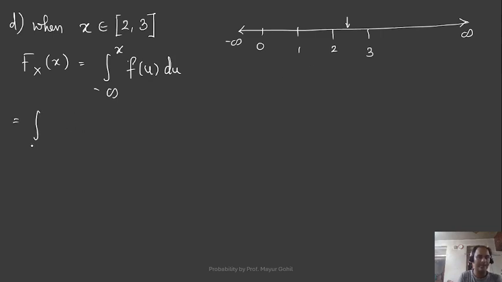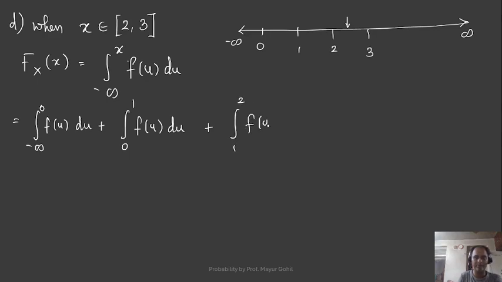So we add up all the intervals that come in between. So it is minus infinity to 0 of f of u du, then 0 to 1 of f of u du, then 1 to 2 of f of u du, and finally 2 to x of f of u du. Now here the value is 0.